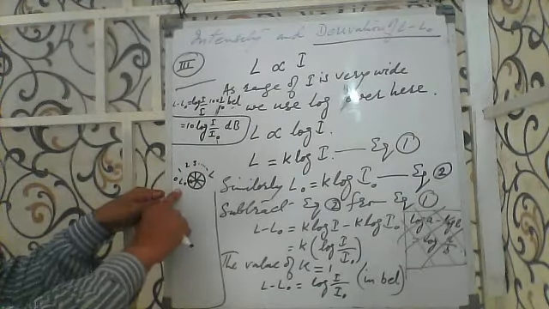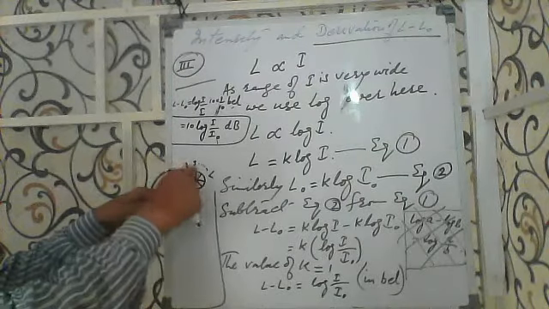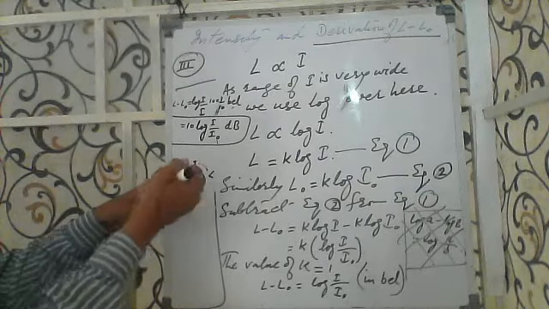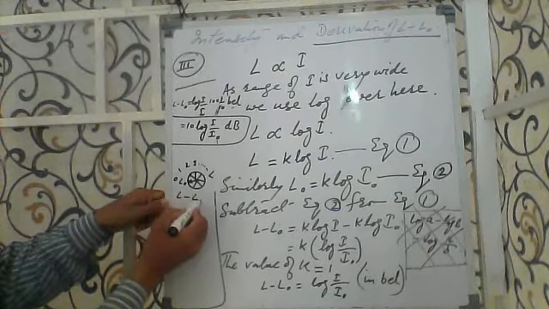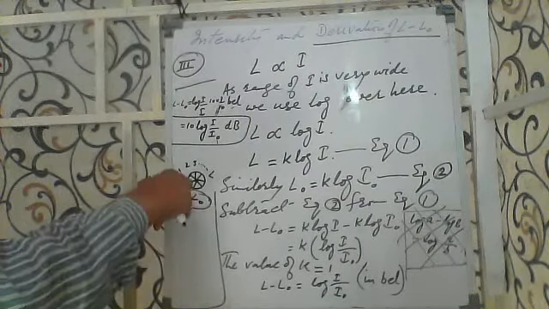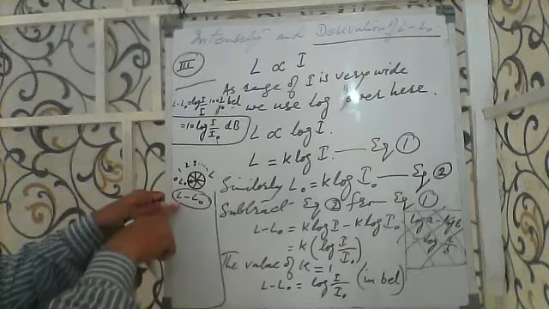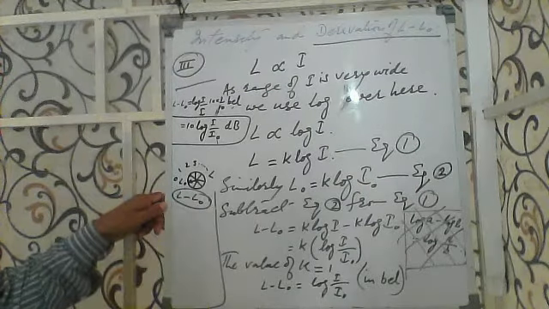No sound is heard. You increase the volume and thus sound becomes louder and louder. So this is the level. L minus L naught means you are increasing the sound level. So you have to understand what is meant by L minus L naught.